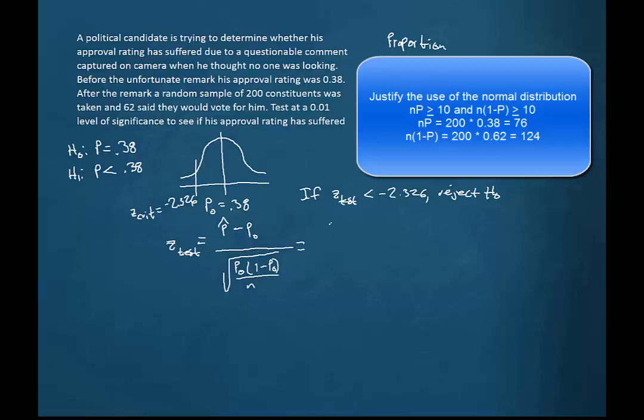And so we would have 62 over 200 minus 0.38, divided by the square root of 0.38 times 0.62, which is 1 minus 0.38, divided by 200, the number of observations. And this value is going to come out to minus 2.040 if we round to 3 decimal places, as we did with the critical value.